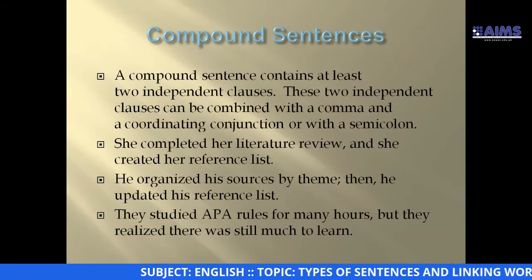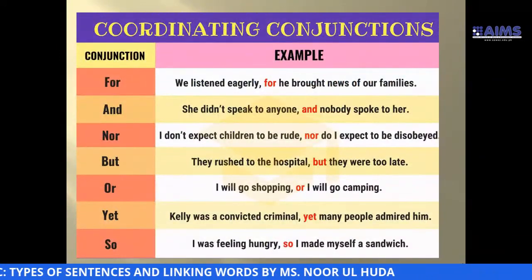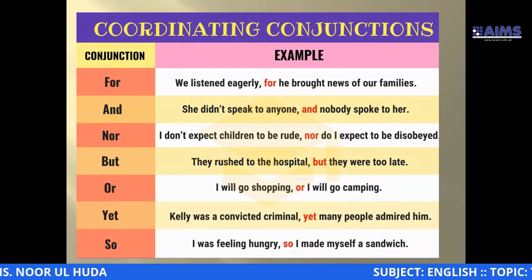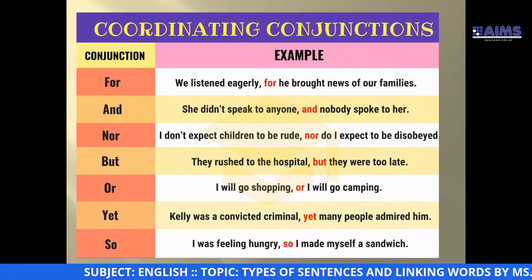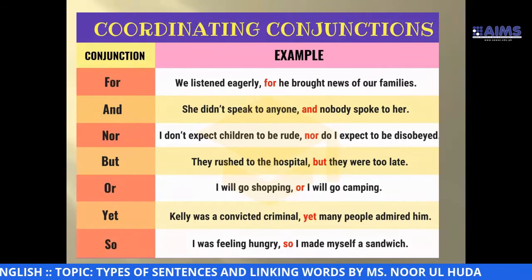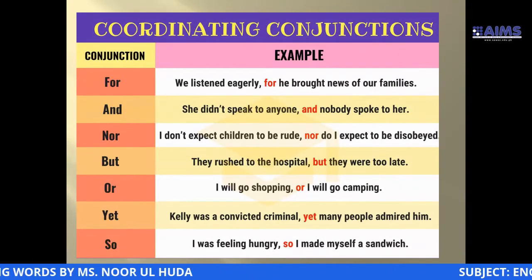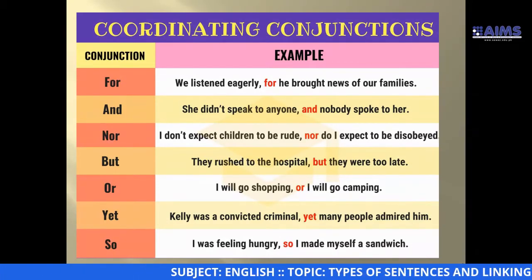we use a semicolon instead of the coordinating conjunction. Moving ahead, these are the coordinating conjunctions we use to make compound sentences. Because we need to combine two things, we need some kind of glue, and this is actually the glue of compound sentences. Whenever we are using compound sentences, we can only use these coordinating conjunctions.